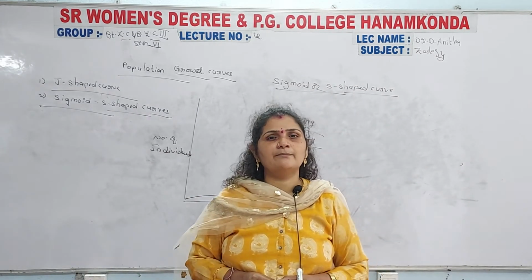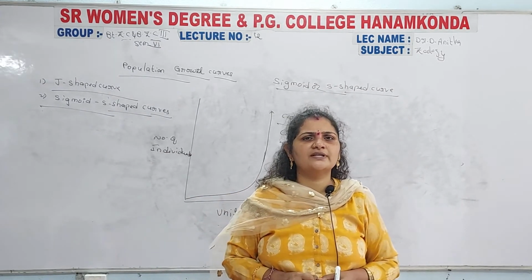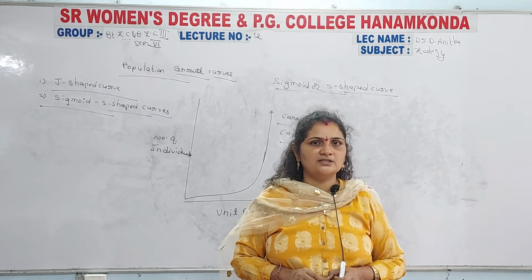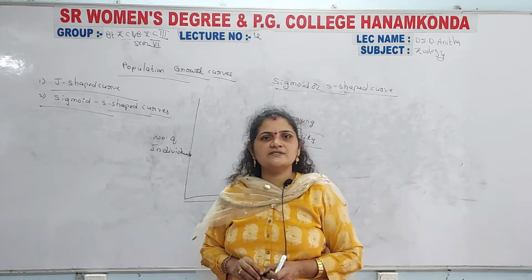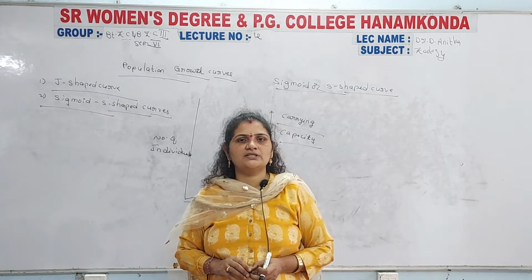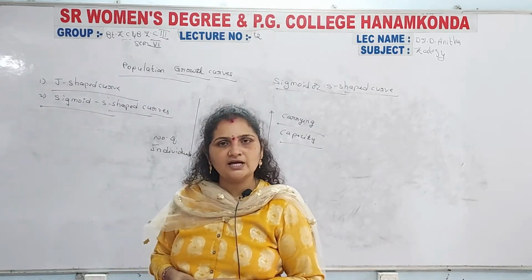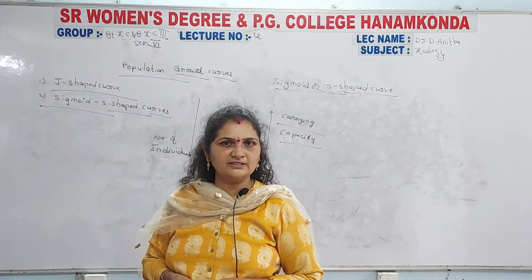So a large variation takes place between the birth rate and the death rate. That causes our population growth curve in India to be completely J-shaped.